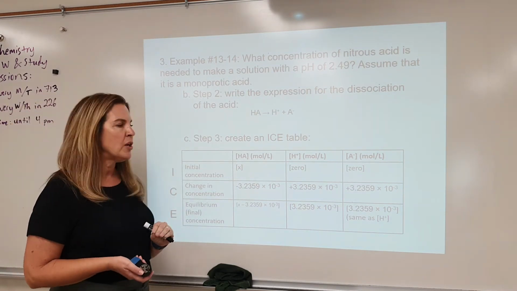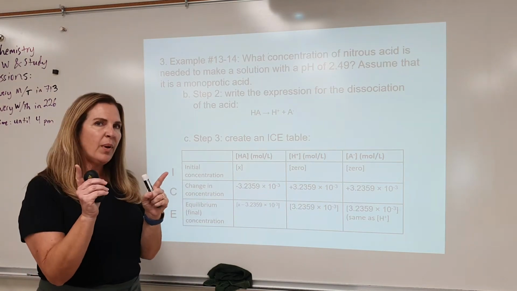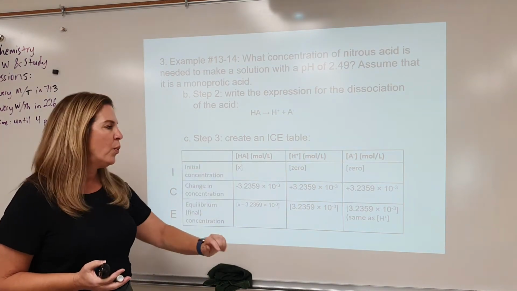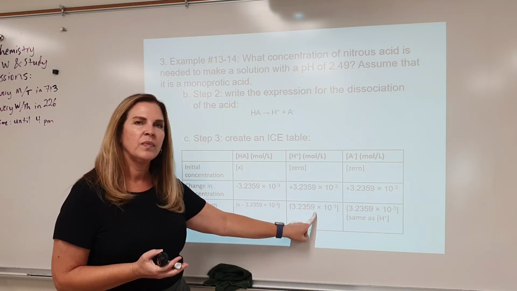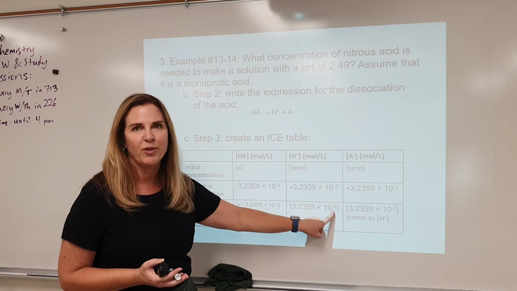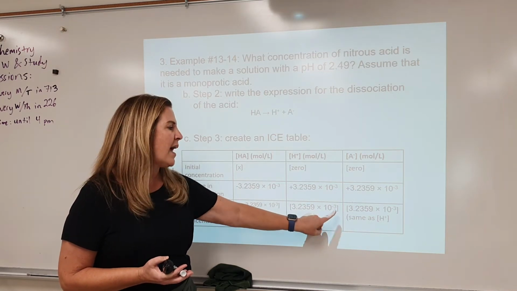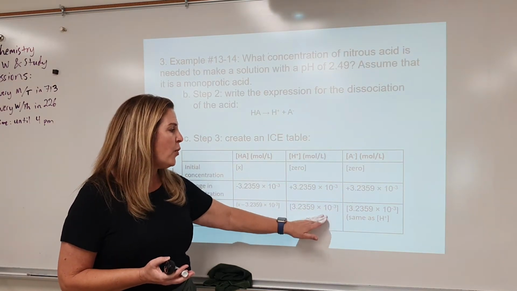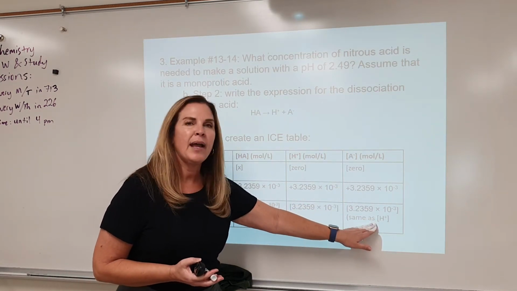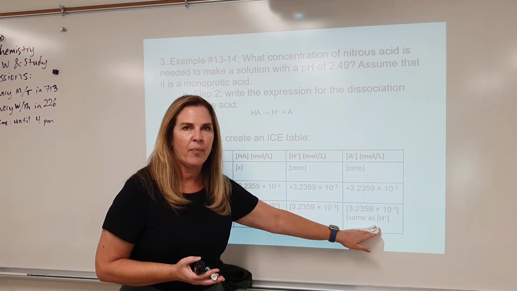Initial, change, concentration. But we're not starting up here and working down. We're gonna start right here, right? Here's the H plus concentration that we just calculated as a result of having the pH. And we know that if this is the H plus concentration, that our anion's concentration is the same.